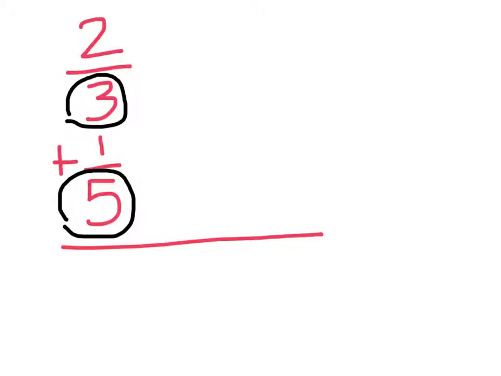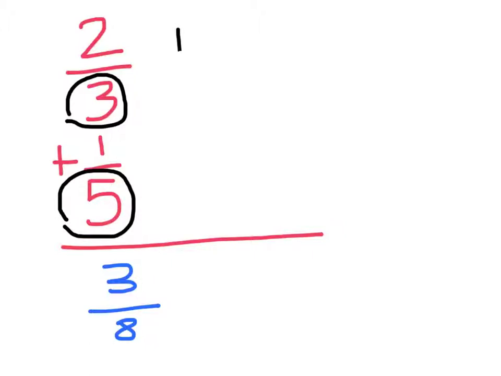If they are not the same, that means that they are uncommon. So what we have to do in order to solve this problem is find common denominators. We cannot just add 2/3 plus 1/5 and get 3/8. That's crazy. Let me explain to you why that's so crazy.